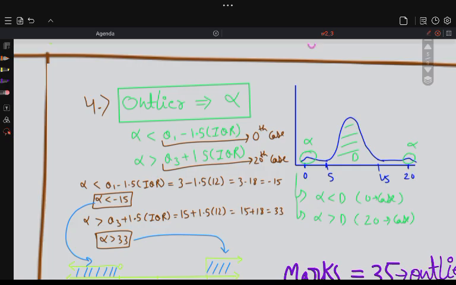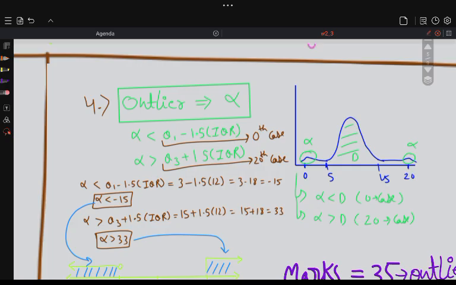So there can be two types of outliers. Let's say a test is conducted, and the maximum one can score is 100 and the minimum is 0. So 0 to 100 is the range of marks.